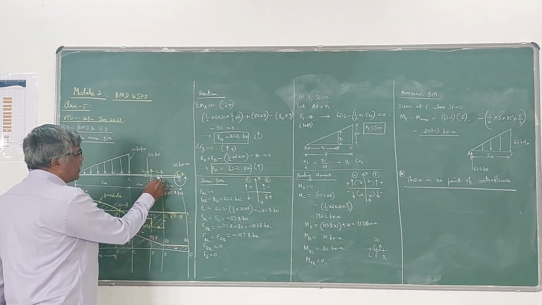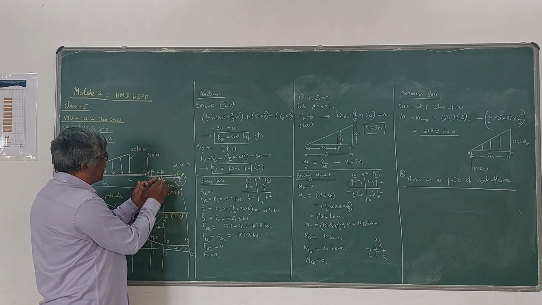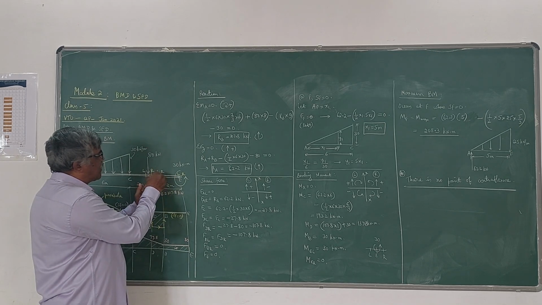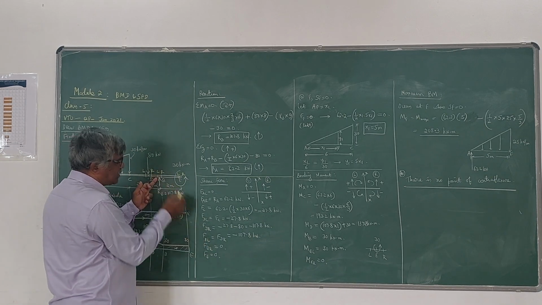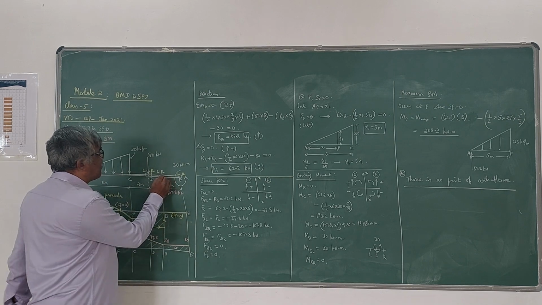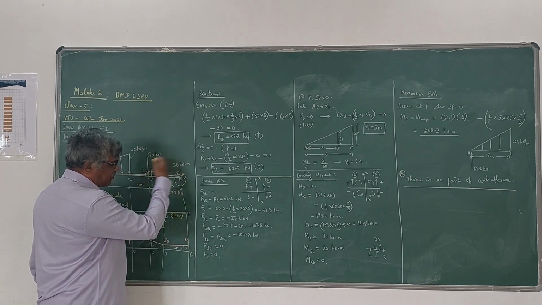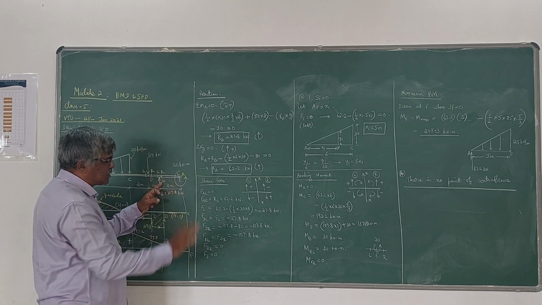Then come to point B. If you take the left side of B, it is the same as the right side of D. In the last problem also I explained that FBL is the same as FDR, which is minus 107.8. At this point, now I can see the right side. If you look at the right side of this, nothing is visible.